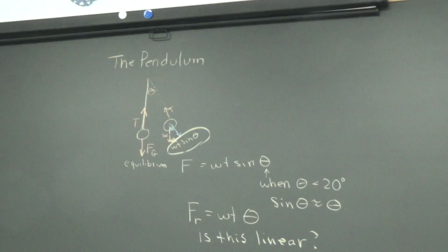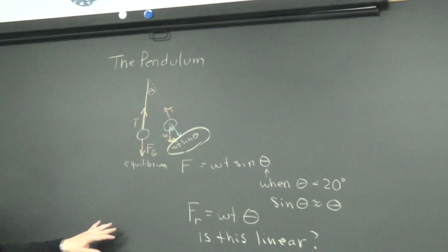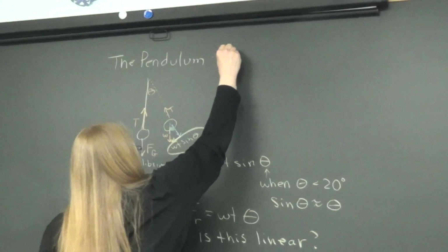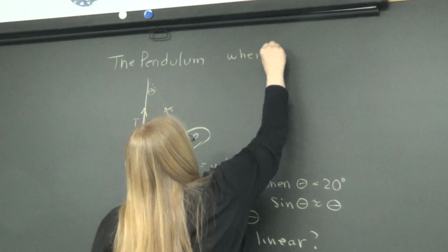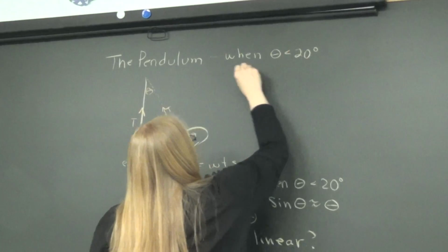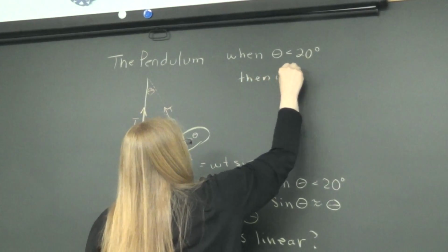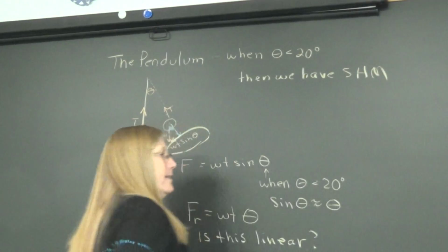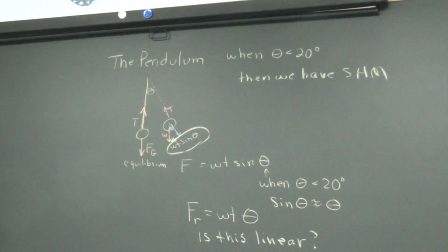You find it, Zach? That was our definition for simple, or one of our, remember I gave you a working one and then a fancier one? So I also gave it to you to recognize at this moment that the pendulum, when theta is less than 20 degrees, then we have simple harmonic motion. That's SHM, you write it out, simple harmonic motion.